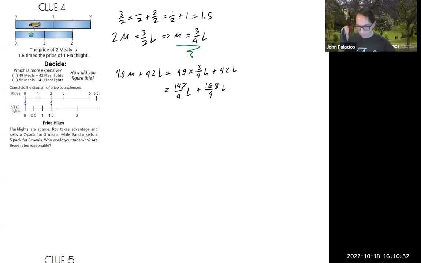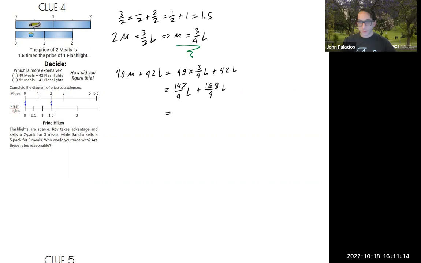Gosh, adding 147 of something plus 168 of something is difficult. Adding 100 to 100 is easy, though. So let's add this by hundreds place, tens place, and ones place to make this simpler for your elementary school students or junior high students.